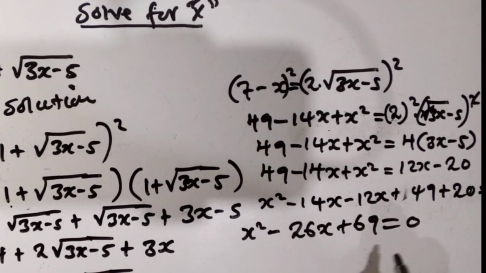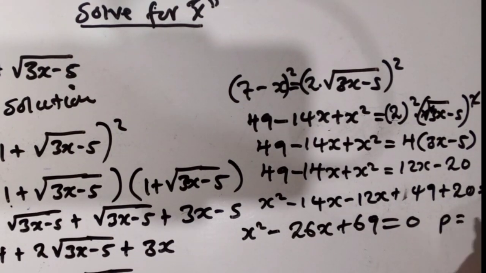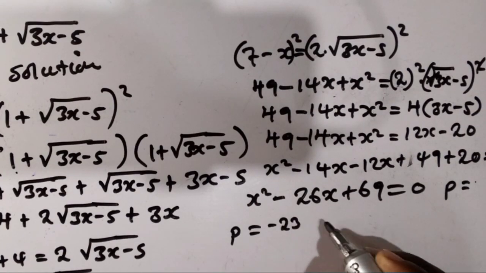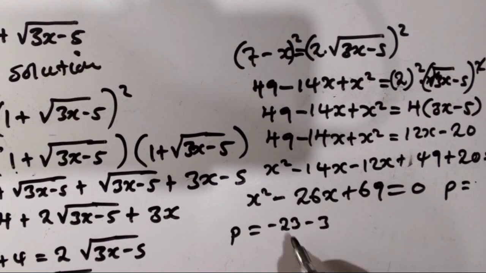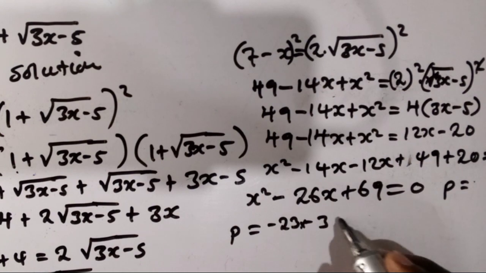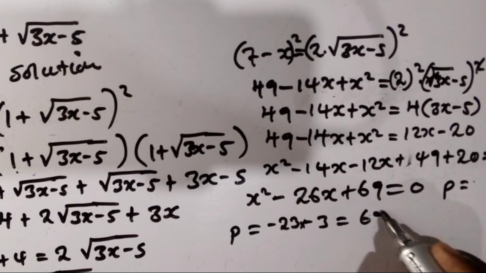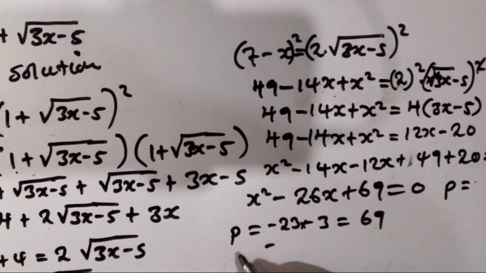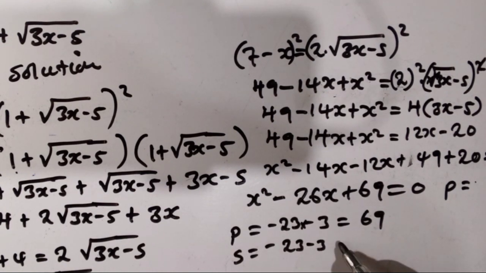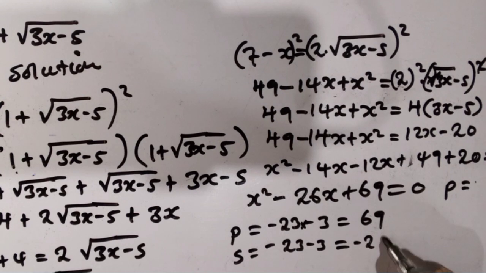Here we look for the product and sum. The product is minus 23 and minus 3. If you multiply minus 23 and minus 3, you get 69. If you add minus 23 and minus 3, you get minus 26.